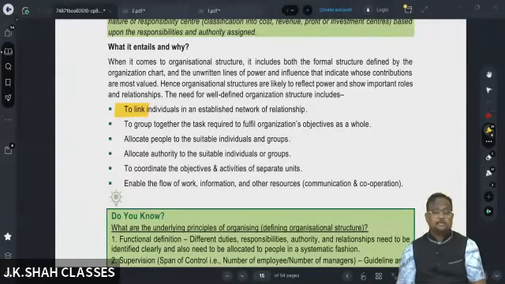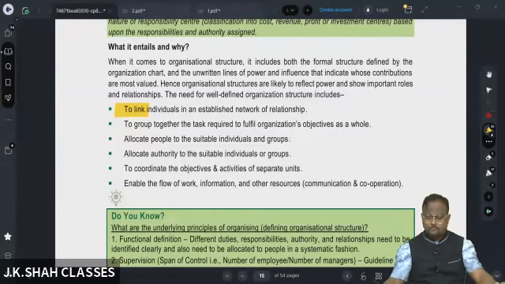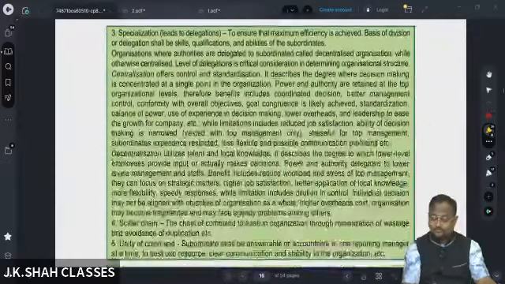Like, I have a faculty who's a fantastic faculty for a particular subject. Now his subject is being removed from inter-CA. What subject is still there in CS. I will shift that faculty from CA stream to CS stream. To coordinate objectives and activities of separate units. Enable the flow of work, information, and the other resources.